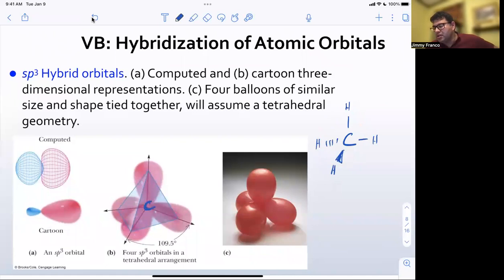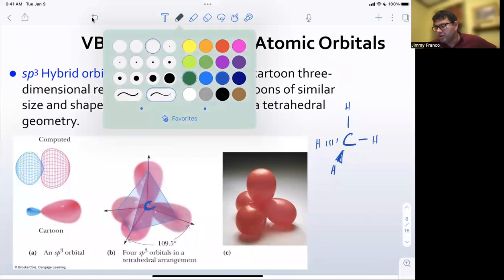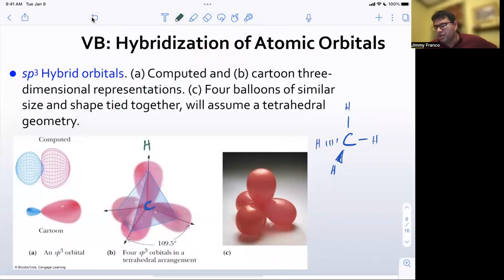And so the way this is going to work is my orbital, and let me put it in a different color, maybe green. If my hydrogen is out here, hydrogen only has the s orbital. And then there's the overlap that we talk about. Same thing over here. There's the overlap. And we kind of get the same for each one of these.